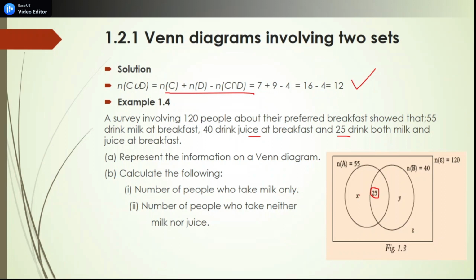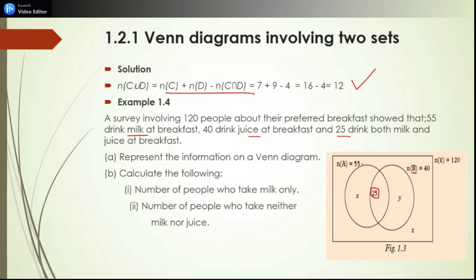We don't know the number who drink only milk or only juice. We consider A as the people who drink milk, and B the people who drink juice.